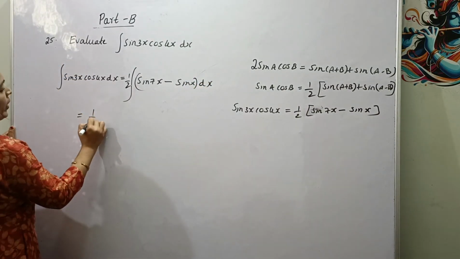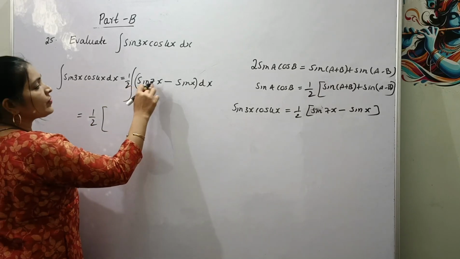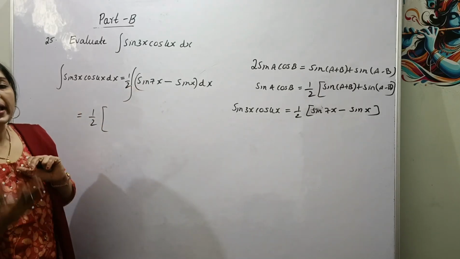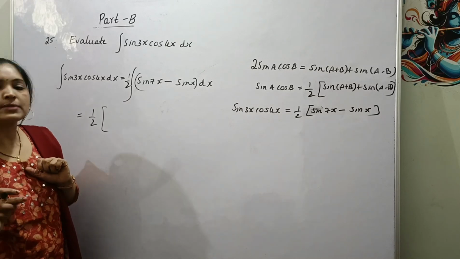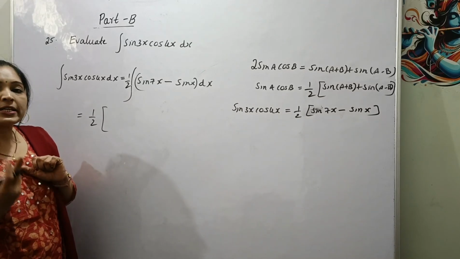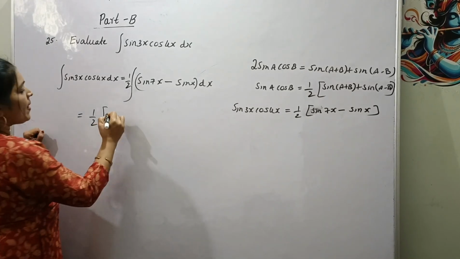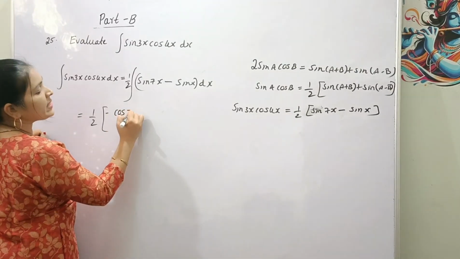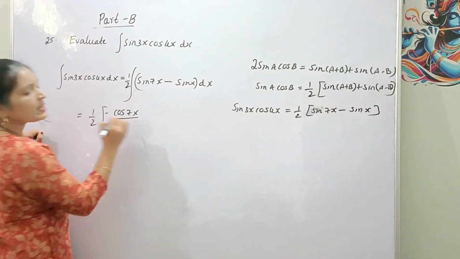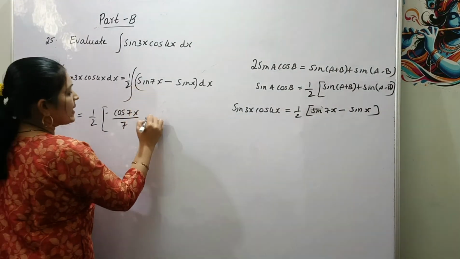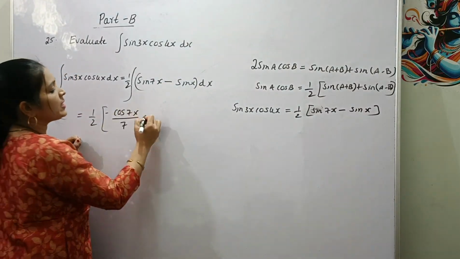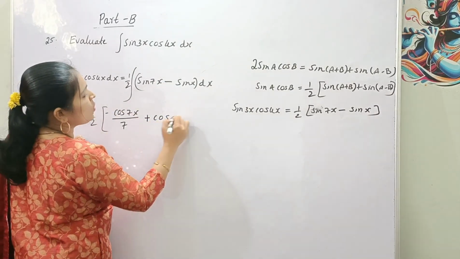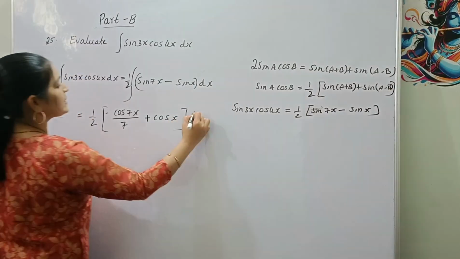That is equal to 1 by 2 into the integral of sin 7x. The integral of sin x is minus cos x, right? Then what is the integral of sin 7x? Minus cos 7x divided by 7. Okay? Minus the integral of sin x, which is minus cos x, minus minus becomes plus, plus cos x plus c.